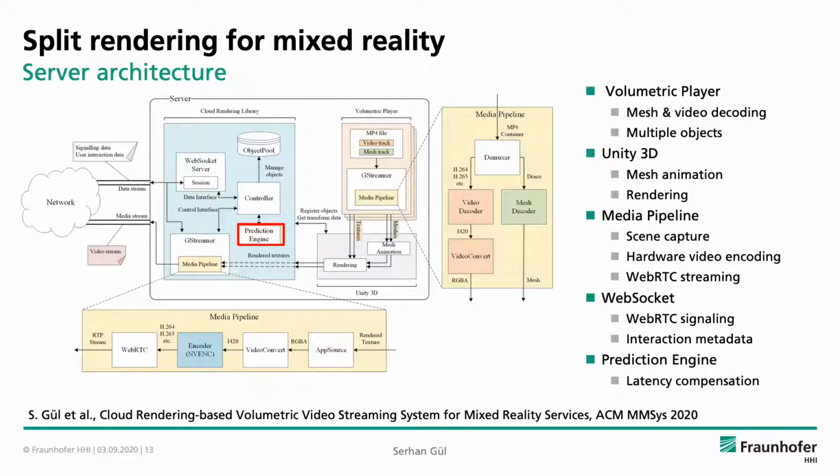So you can imagine that locating the server on an edge cloud would decrease that latency even further. Now we'll look into a short demonstration of our system in the next part. So let's go there.